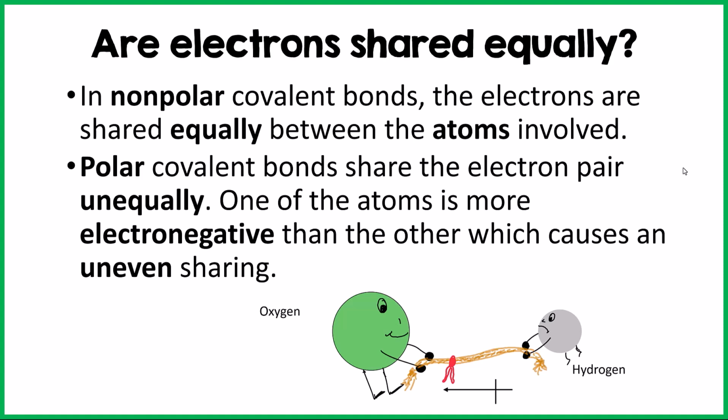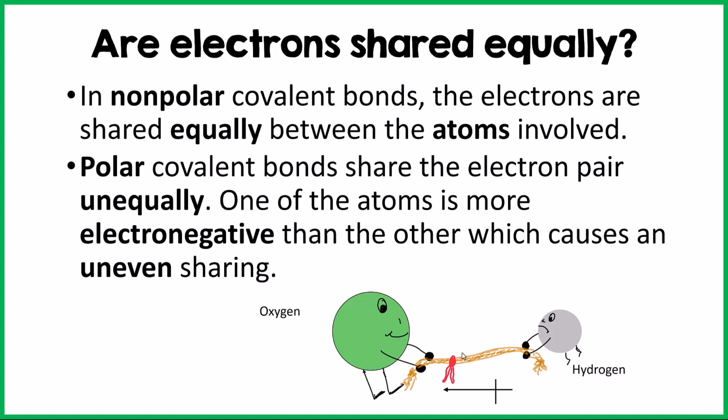Polar covalent bonds share the electron pair unequally. One of the atoms is more electronegative, meaning that it pulls the electron strongly, than the other, which causes uneven sharing. So here's my little graphic of the bond between oxygen and hydrogen. Oxygen has a significantly stronger electronegativity value.